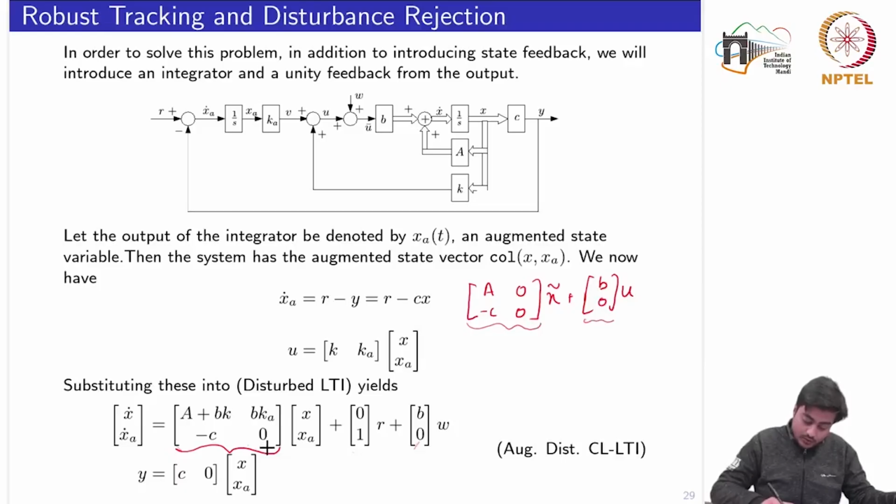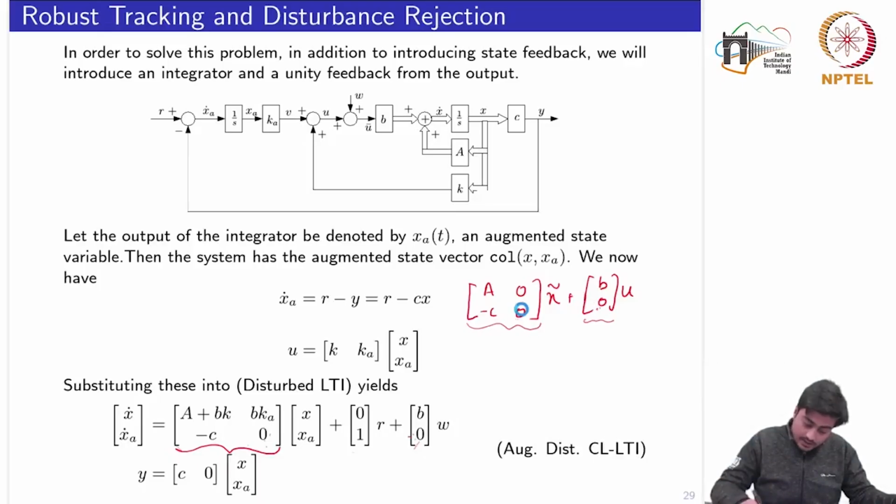So either we show the controllability of this pair, or of this pair, because the result says that if this pair is controllable, then this pair would definitely be controllable. Either way, it is equivalent to saying that we can place the eigenvalues arbitrarily.